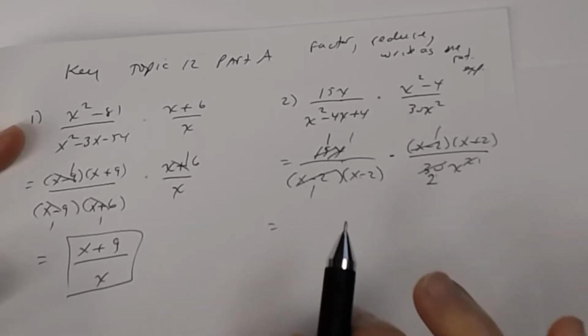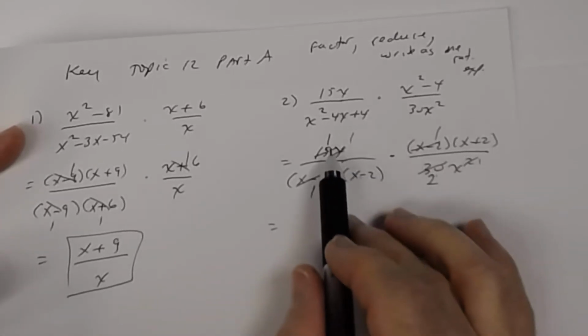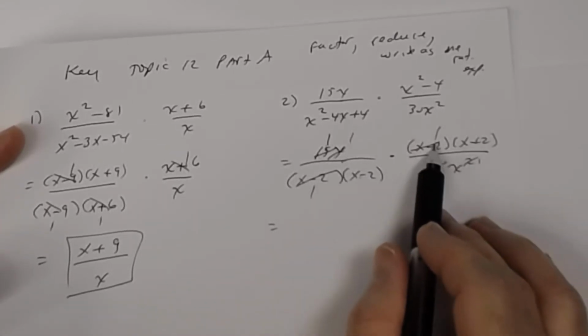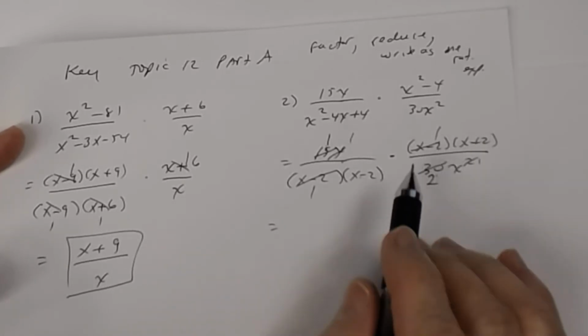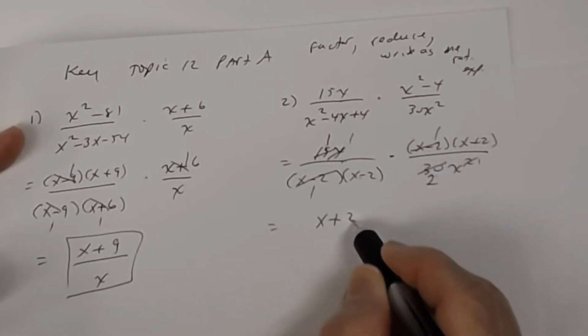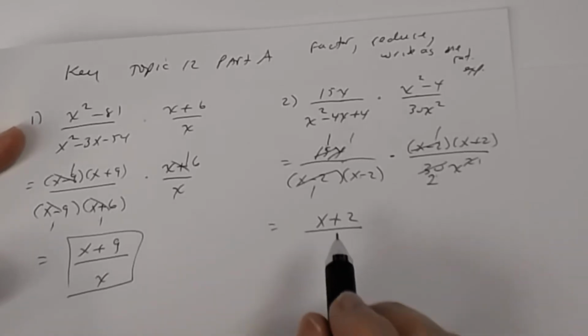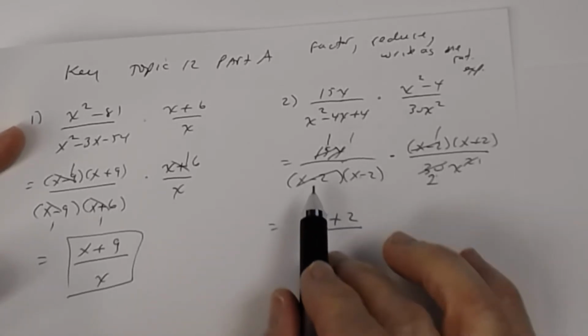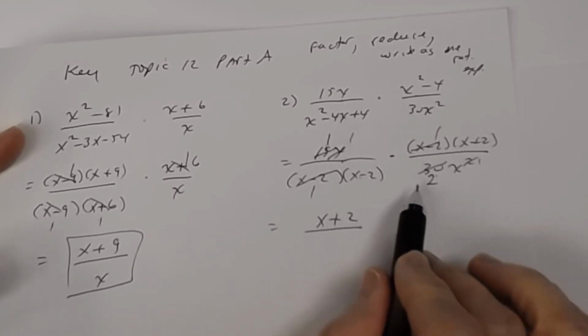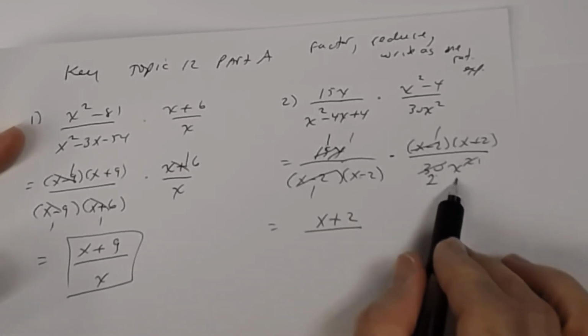Now listen carefully to this part. 1 times 1 times 1 times x plus 2 is x plus 2 without the parentheses. Parentheses are not needed. Now, look at the next one. 1 times x minus 2 times 2 times x.